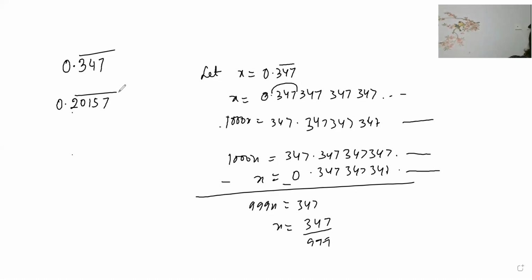Okay, first Keshav, second Ashwin, third Avinash, fourth Vishal, Divya Shri fifth, Jiva sixth, Krishna seventh, Shiva Naresh eighth, Merunisa ninth. You have understood the technique. The number is 0.20157 bar. How many digits have the bar? 1, 2, 3, 4, 5. So 5 nines you have written.